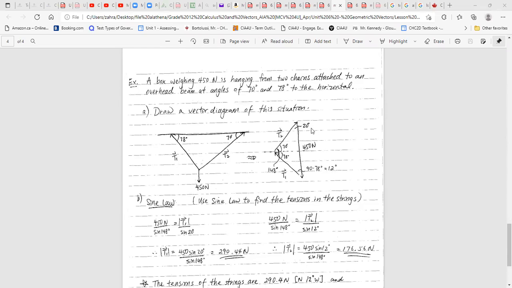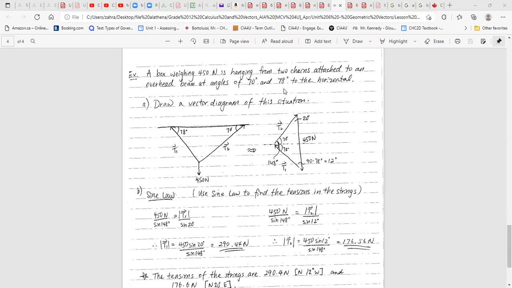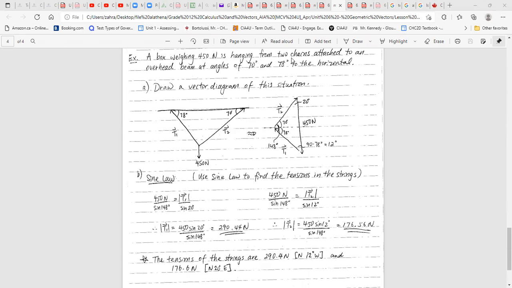Okay, here is another question. A box weighing 450 Newtons is hanging from two ropes attached to an overhead beam at angles of 78 and 70. So this is the object. This is the ceiling.